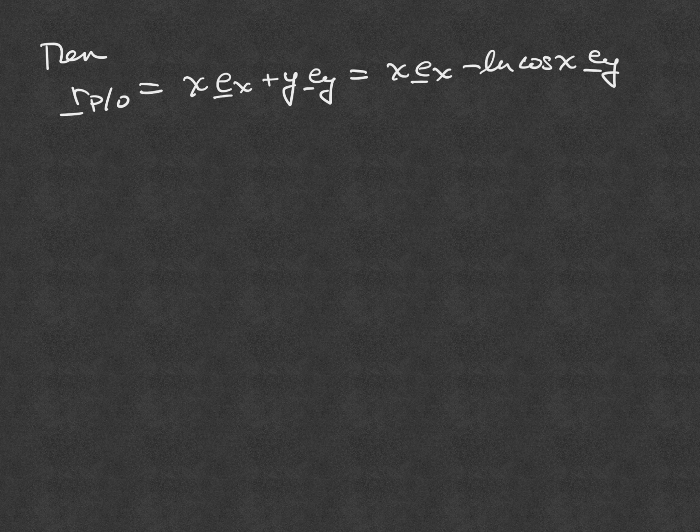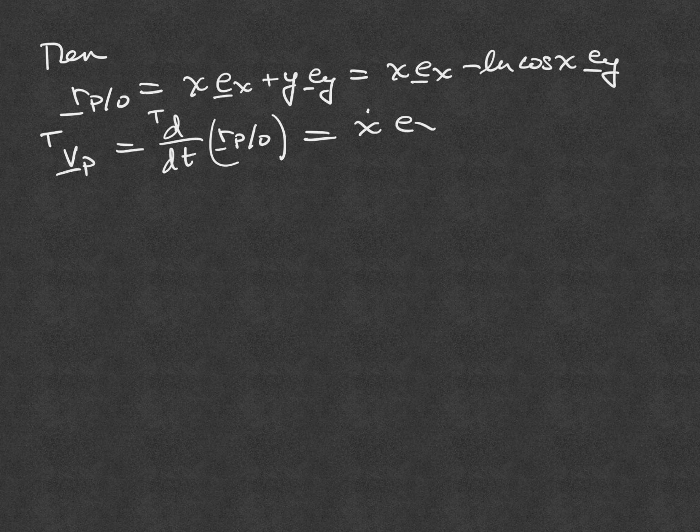Now, because these coordinates are already fixed in the track, I know that the velocity of point P as viewed by an observer fixed to the track is just equal to d/dt of the position of P relative to O, which is just equal to x dot EX plus y dot EY.